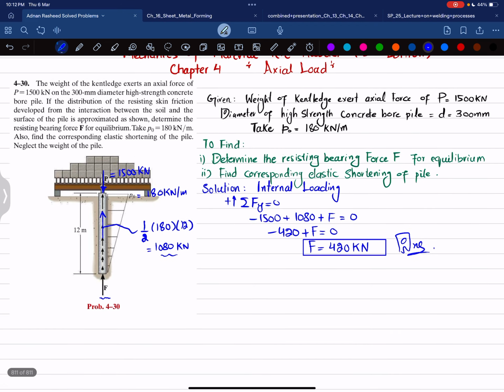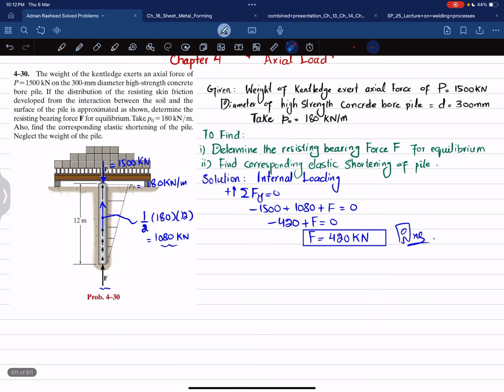You can see that this load is varying along the length y. So what we will do is section the pile at a distance of y, and find the internal force as a function of y. I will take this section and draw the free body diagram over here.